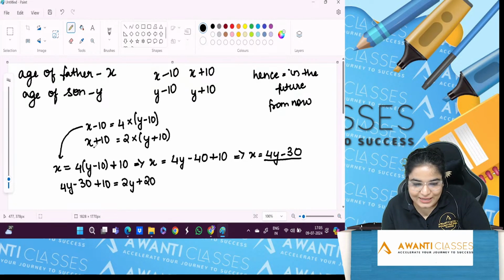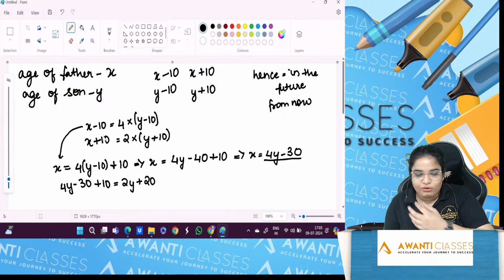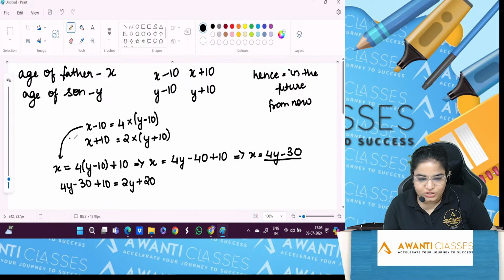Look at that. In the second equation, we found out with the first equation that X is equal to 4Y minus 30. In the second equation, instead of X here, we have put 4Y minus 30. Understood the idea?